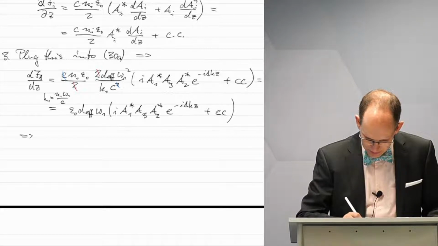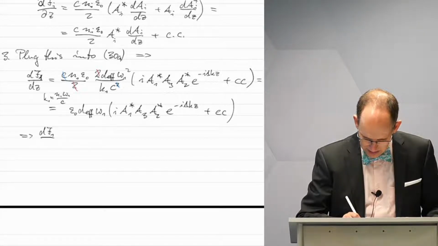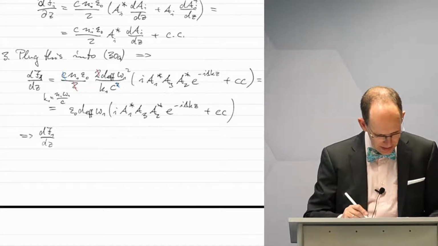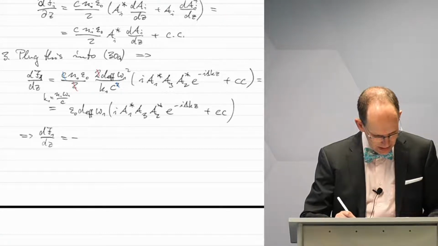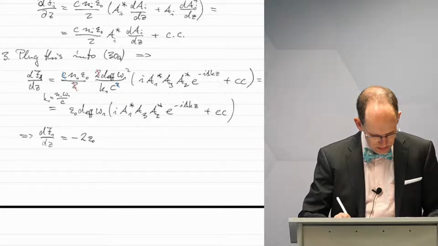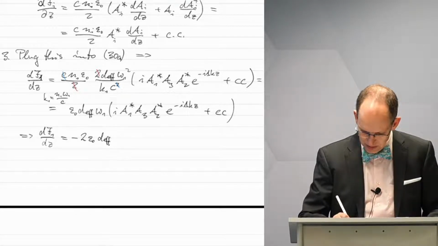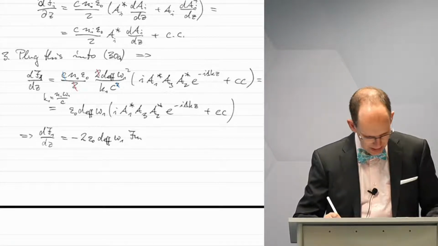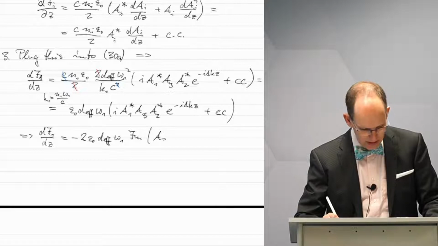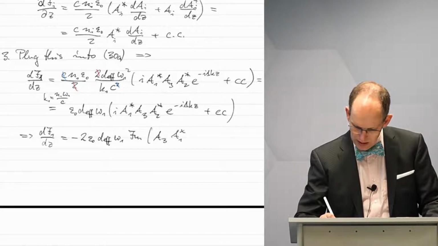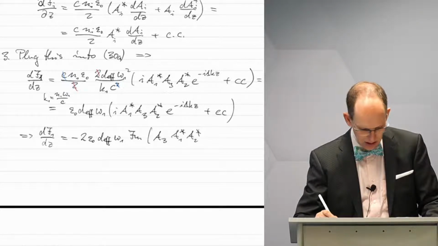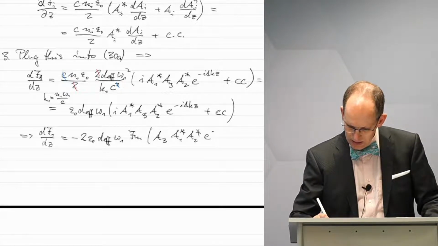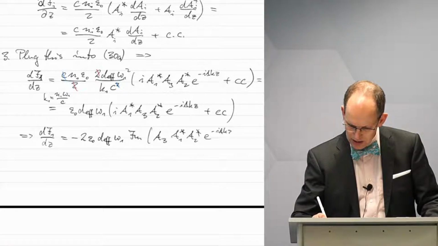So what we then find is that the change of the intensity with respect to z is equal to minus 2 times epsilon 0 times the effective nonlinearity times omega 1, and then the imaginary part of A3 times A1 star times A2 star, and this phase mismatch thing here.